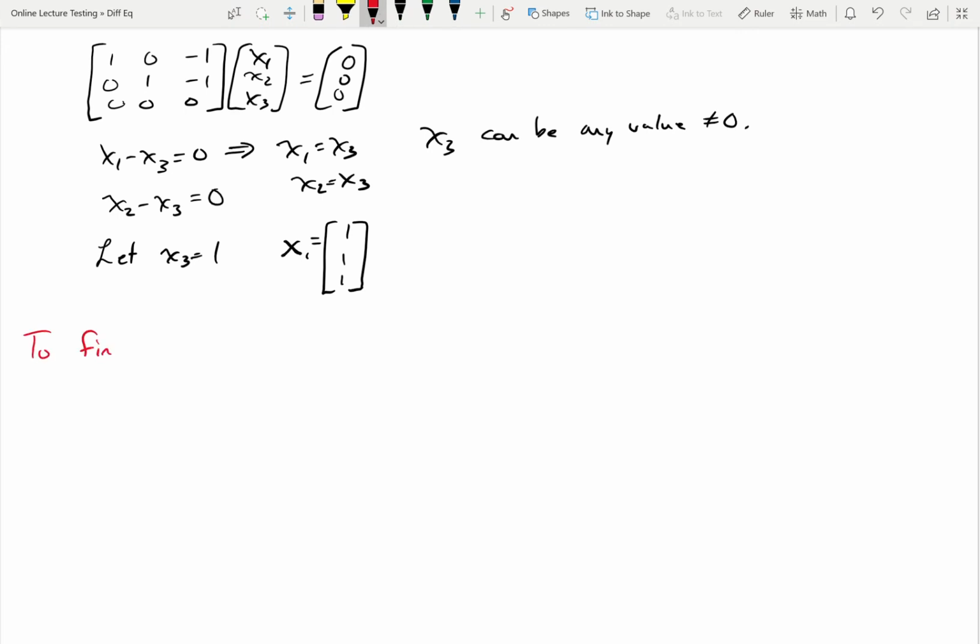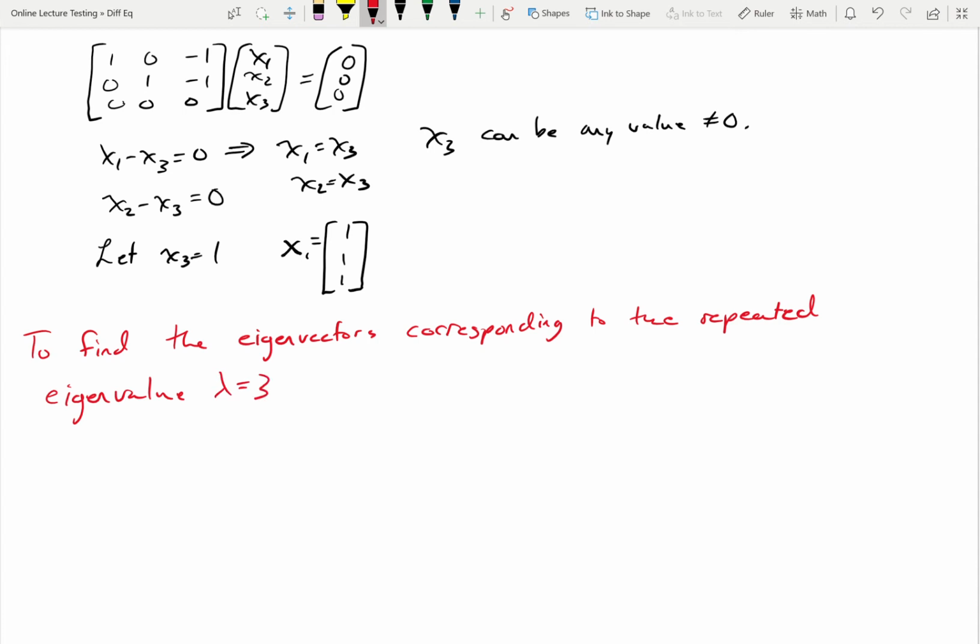To find the eigenvectors corresponding to the repeated eigenvalues, lambda is equal to 3, we first solve A minus 3I.